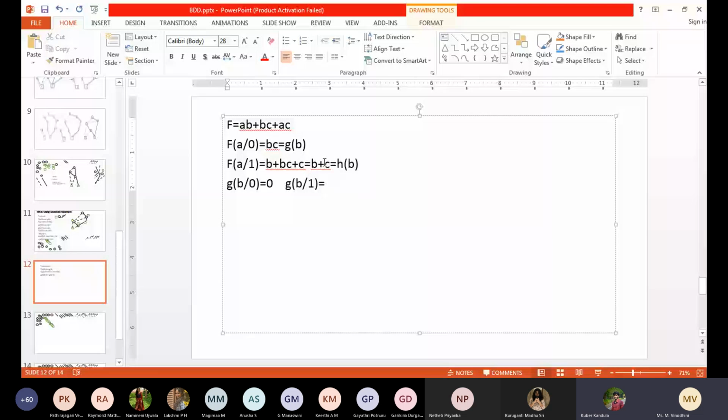Next, H of B slash 0. Ma'am, for G of B, for one C, then we have to assign another K, no? But let me complete all four in the second level. Now H of B, when you substitute B as 0, I will get C. Then H of B slash 1, when B is 1, it is 1, right?